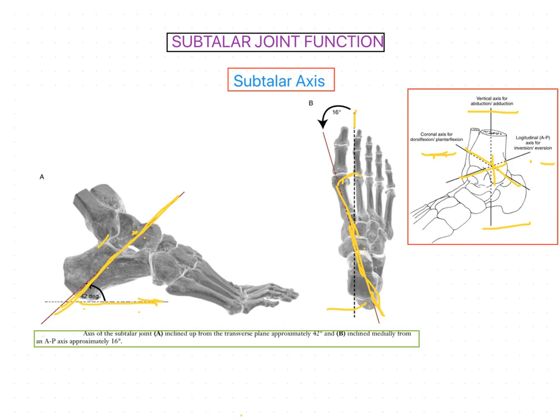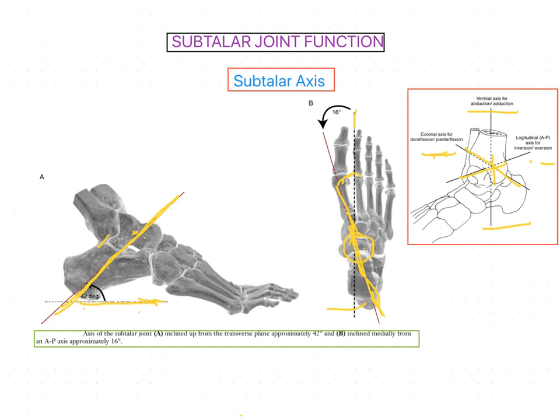Because it is crossing almost all the axes, if you observe, it is crossing the vertical axis and the AP axis, isn't it? And at this point it is also crossing the coronal axis.